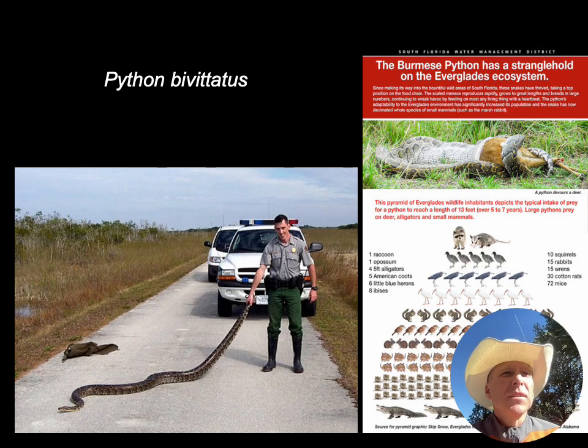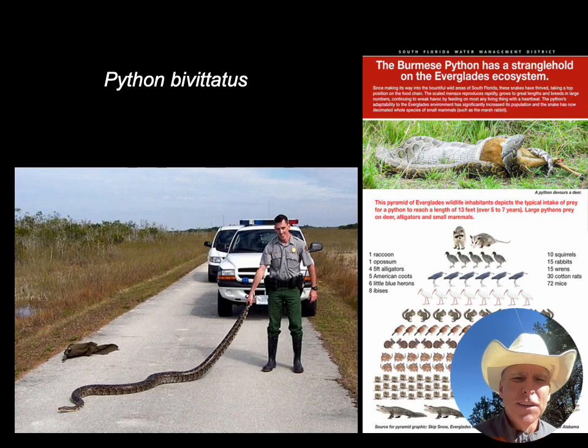Again, this is a snake that people don't like. They have roundups where people are paid to come in and take and kill as many of these as they can, or extract, and then somebody else kills them or does something with them. But you can get a job being a snake hunter in the Florida Everglades, specializing on Burmese pythons.